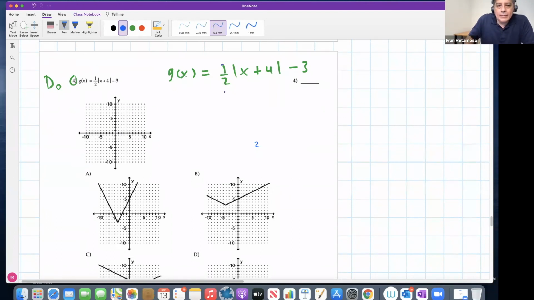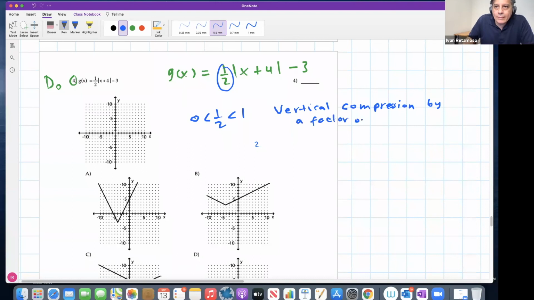And the hint is this: since 1/2 is between 0 and 1, this is a vertical compression by a factor of 1/2. This is a horizontal shift, right? This is a vertical shift.